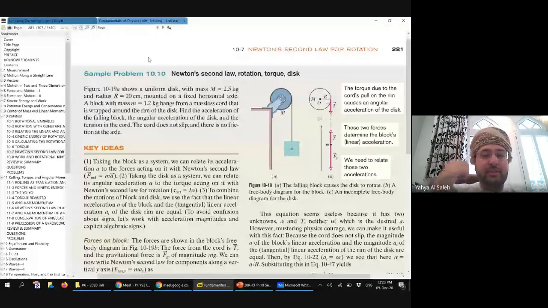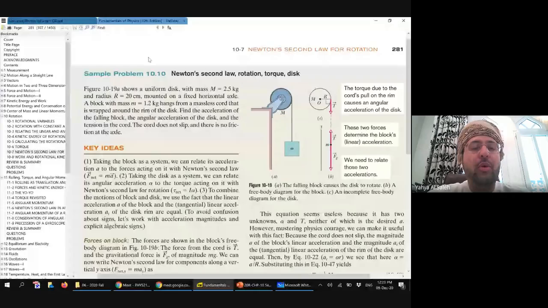Remember in the previous chapters, whenever we had a rope and a pulley, we always said, consider them to be of negligible mass or massless or very light pulley. But here it's different. It's actually heavy enough. It's 2.5 kilograms, and a radius of 20 centimeters, mounted on a fixed horizontal axle.